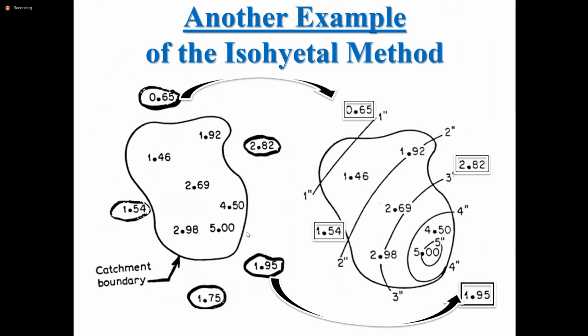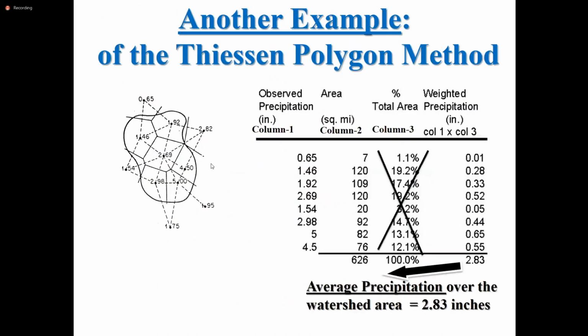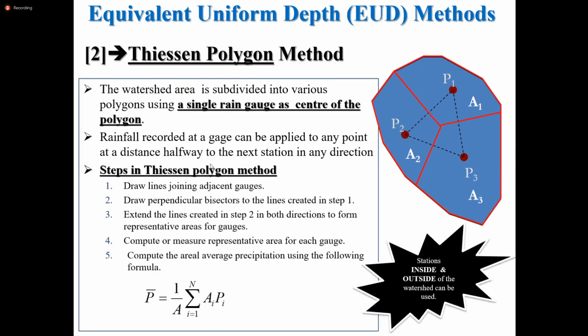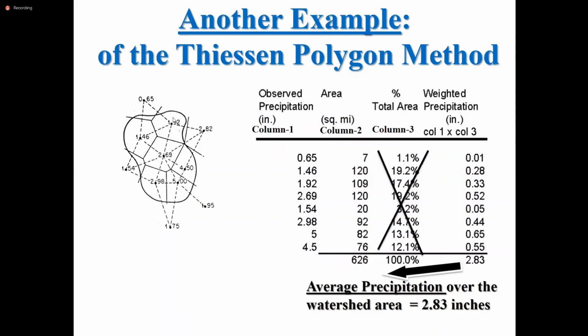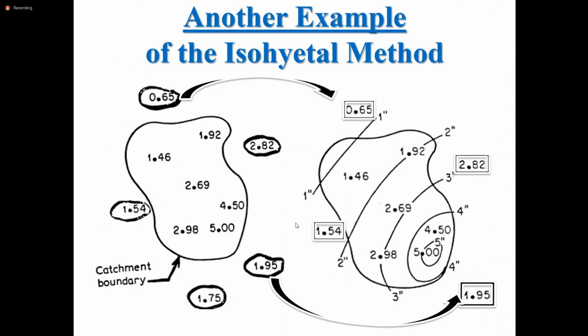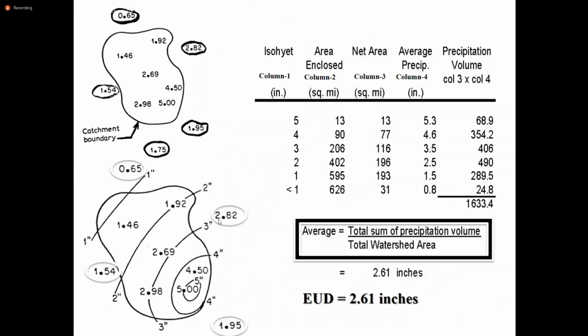Okay, there we go. So this is another example done. In this example, remember we used it for the polygon method, if you recall it. Now we are doing it by the isohyetal method.